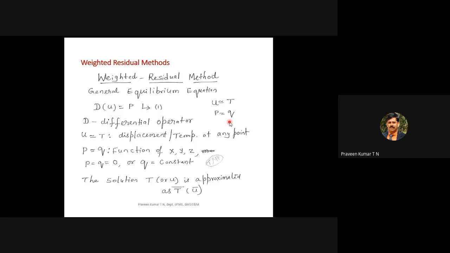But we are following only one-dimensional heat transfer, or one-dimensional heat flow, so we have only one vector qx. In general, q is a function of x, y, z. Sometimes it may be zero also. If the surface is insulated, then q may be zero, or q may be constant.